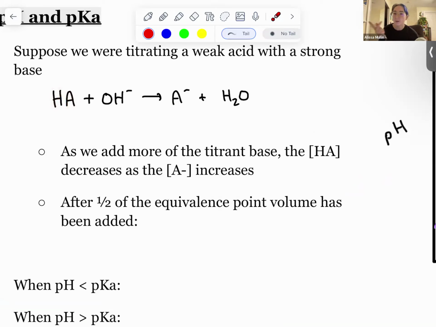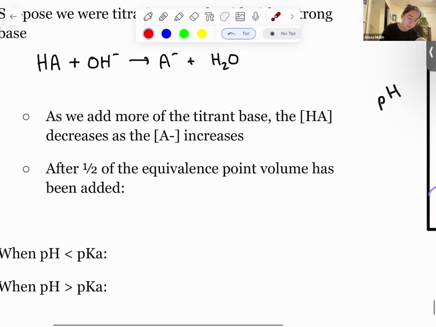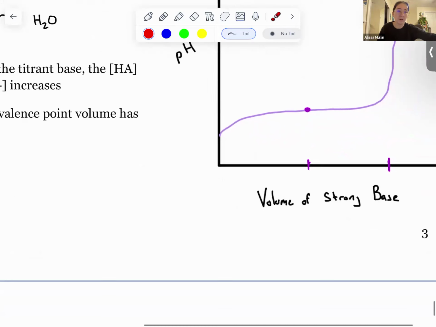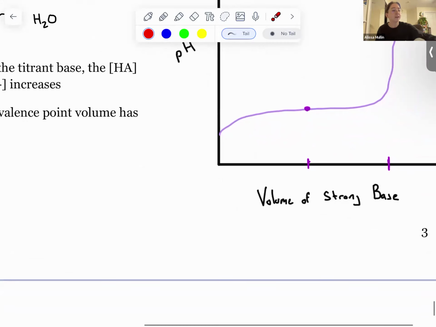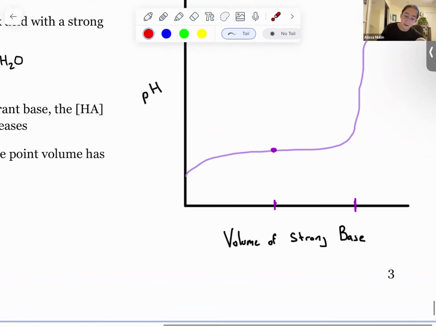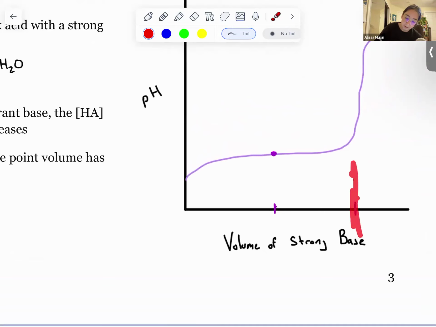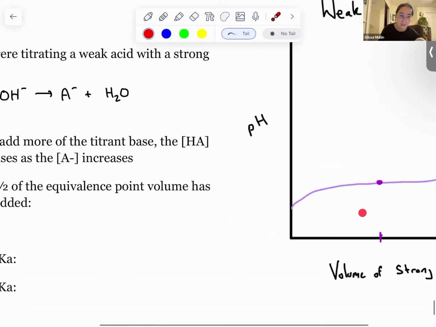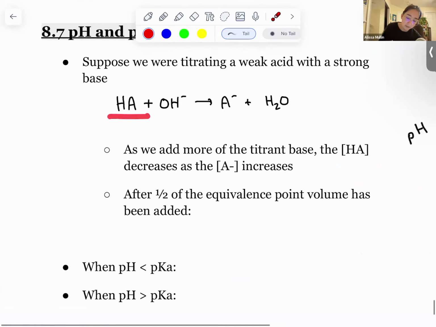So as the reaction goes along, we're getting more and more of that conjugate base. And like we talked about before, a very important part of our titrations is that equivalence point, which would be here when we get that straight shoot up, when we have completely reacted with all of that acid.